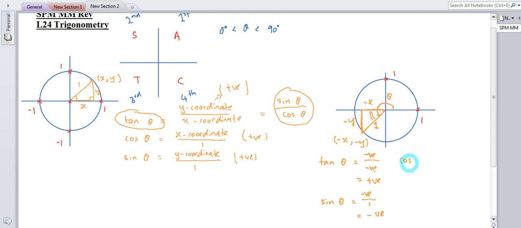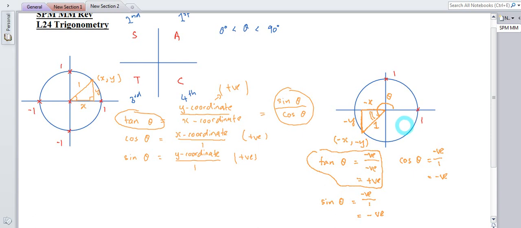And last one, cosine theta, CAH: this is negative, divided by 1, you still get negative. So that's why in the third quadrant, only tangent is positive. The rest, sine and cosine, will be negative.